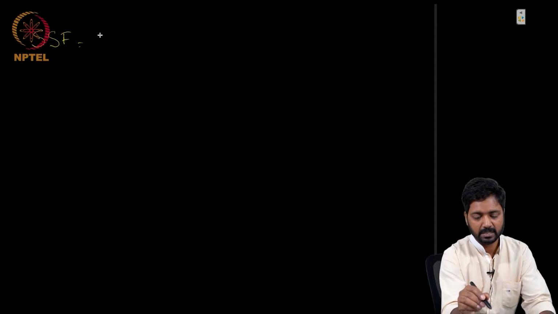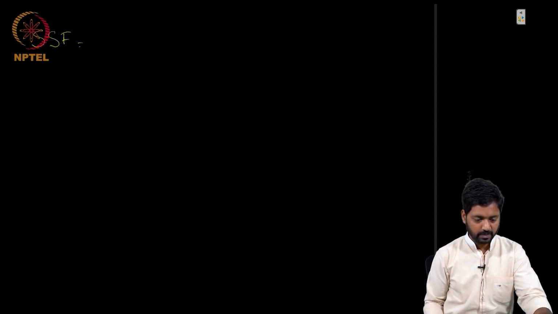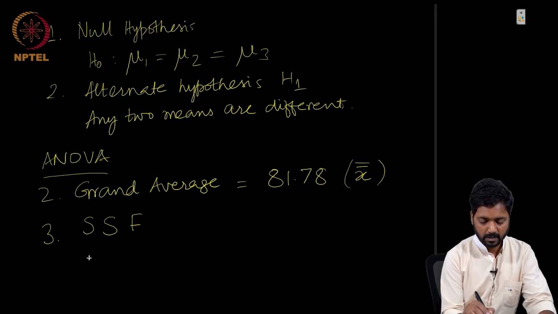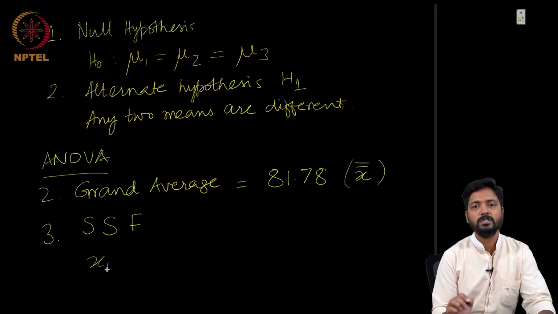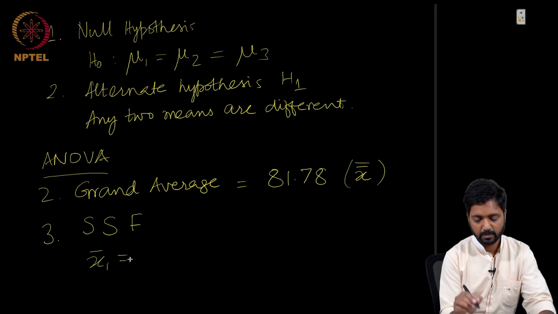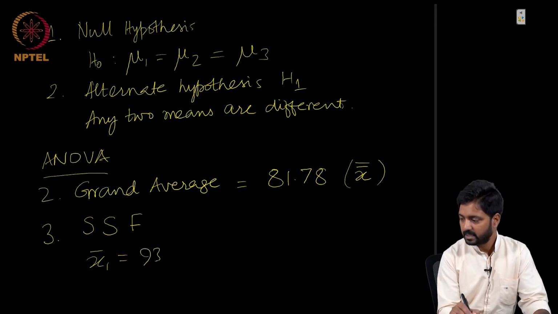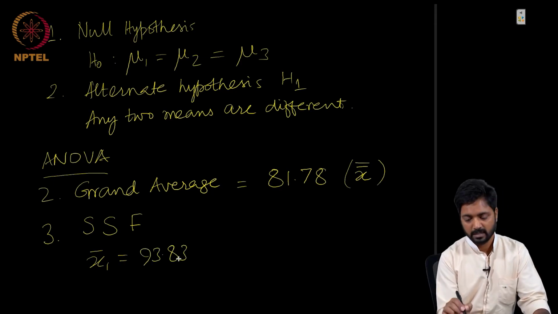So sum of squares due to factors will be based on the mean values of the individual data sets. Let me put this in the previous page. So for our first data set, x1 bar value turns out to be 93.83.